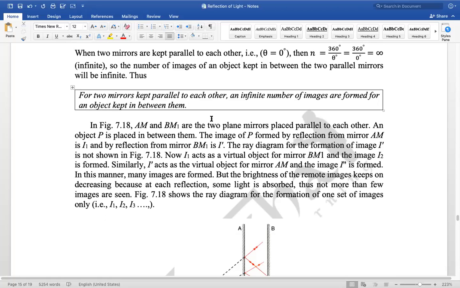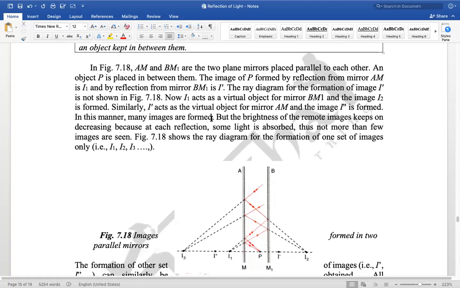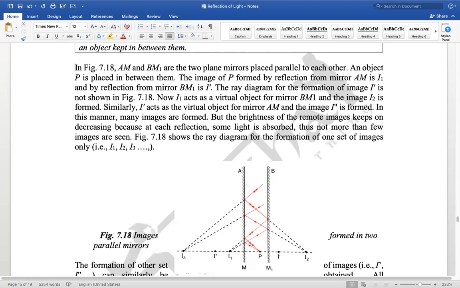In figure 7.18, AM and BM1 are two plane mirrors placed parallel to each other. An object P is placed in between them. The image of P formed by reflection from mirror AM is I1, and by reflection from mirror BM1 is I dash.